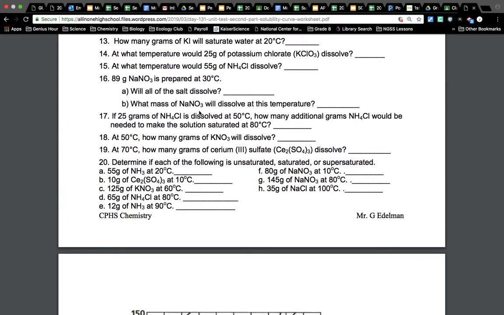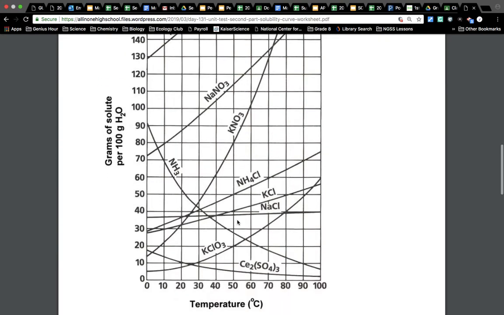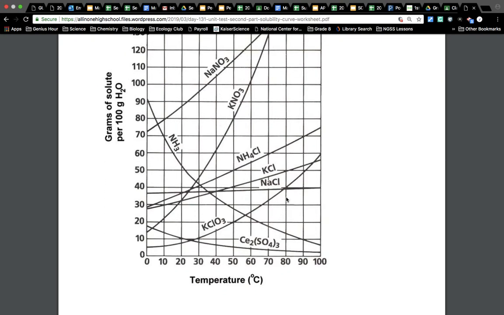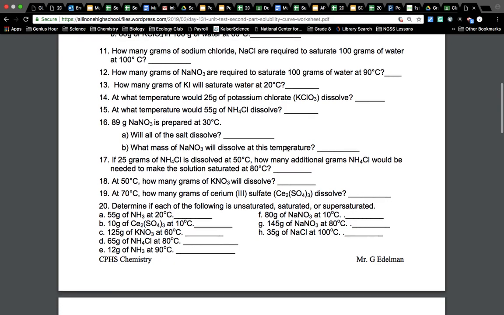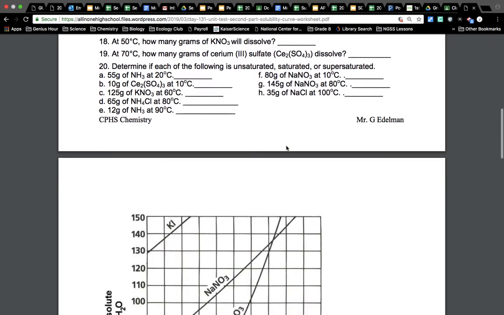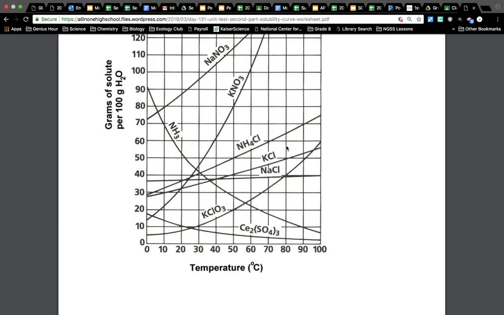Okay. If 25 grams is dissolved at 50, how many additional grams of NH4 would be needed to saturate the solution at 80 degrees Celsius? So at 80 degrees Celsius, it will hold about 65 grams. And what did it say? We had 25 grams. So that's just a nice subtraction problem.